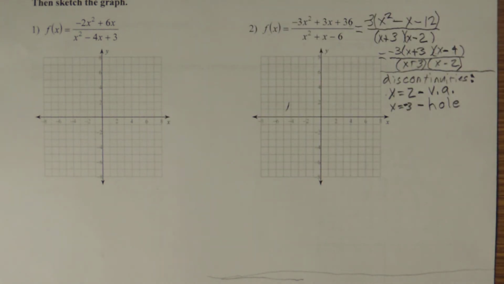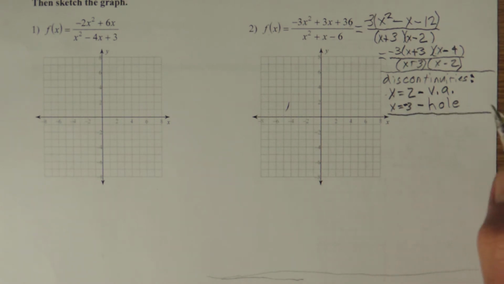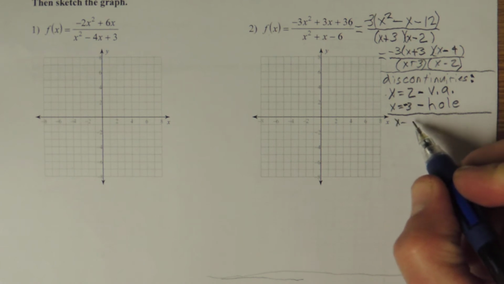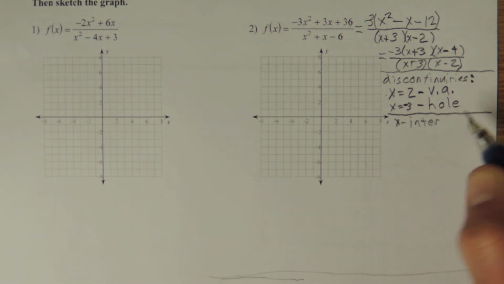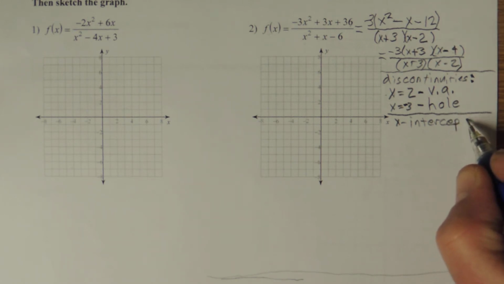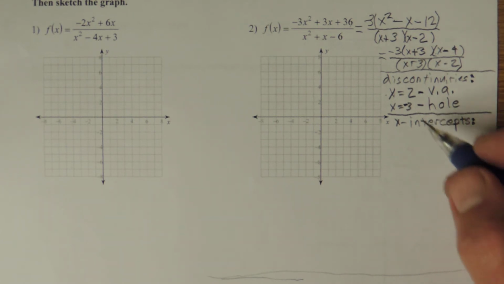Okay, now that you have found the vertical asymptotes and the holes, let's talk about the x-intercept. The x-intercept, just like with quadratic functions, linear functions, polynomials, the x-intercepts are where y equals 0.